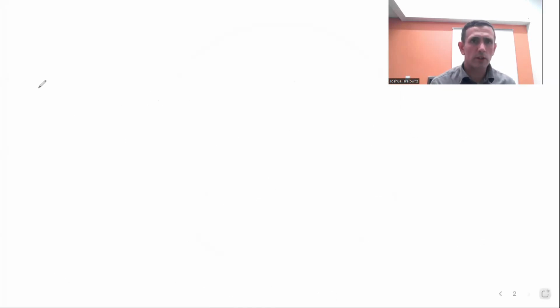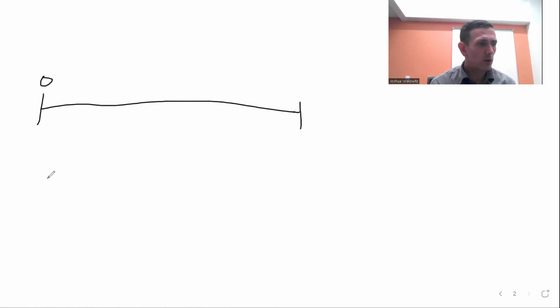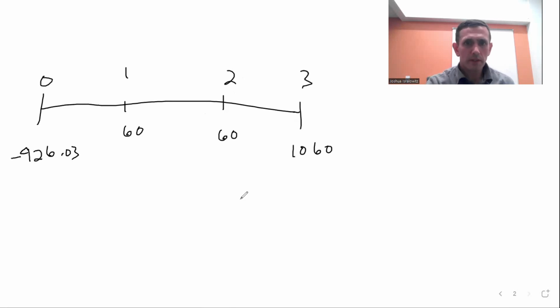Let's do the cash flow idea first. From this perspective, we shell out 926.03.